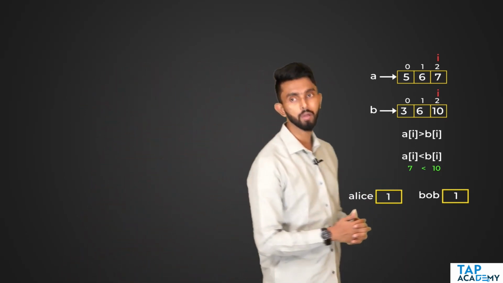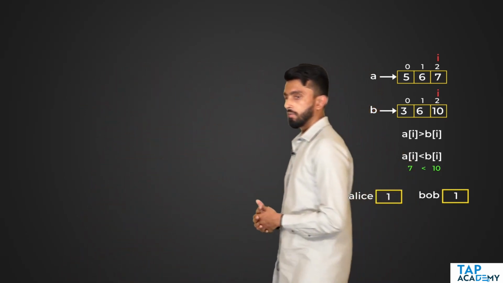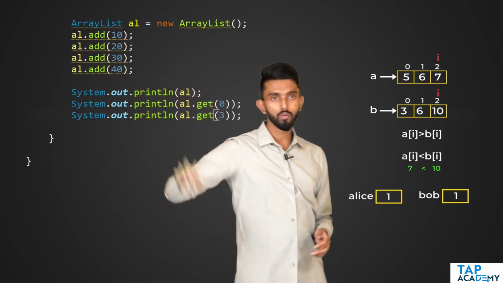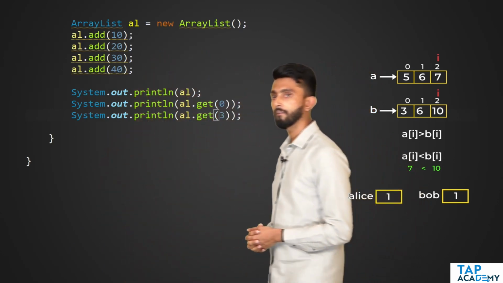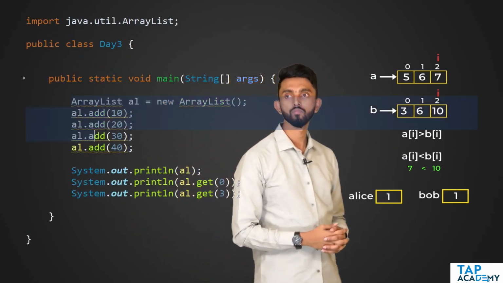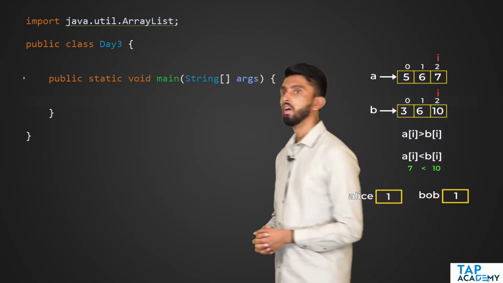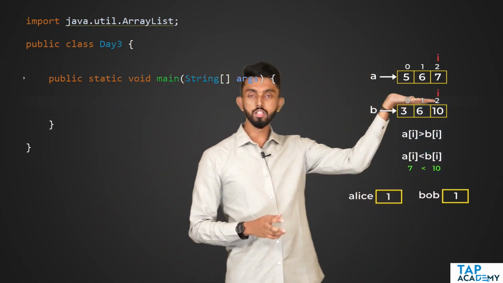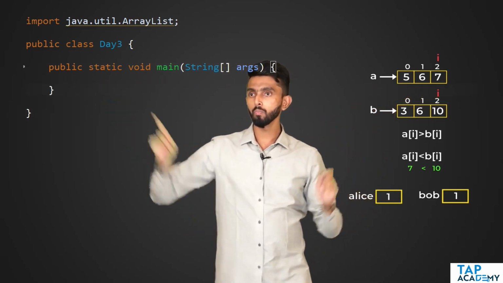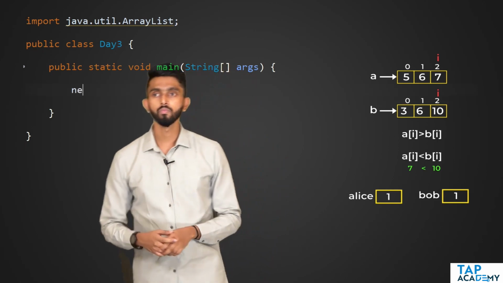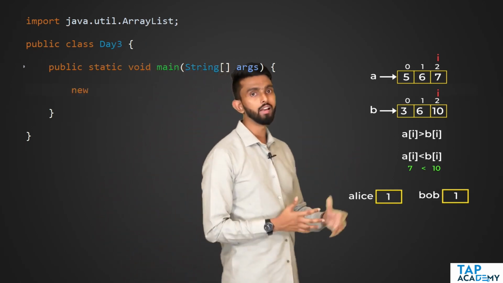Okay, so I'll bring up my editor. Let's remove all this code which we wrote for practice's sake. Now here, first I want to create this list. So I will write new, and I want to create an array list.